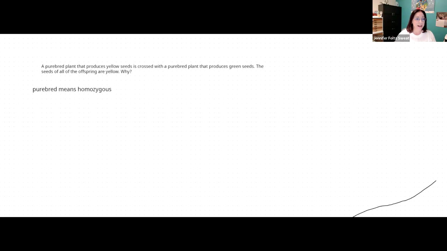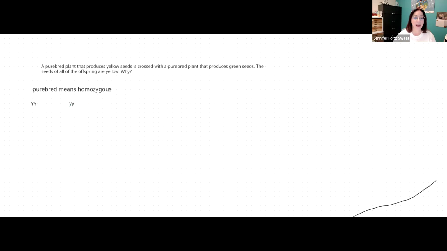So if you look at it like this, I'm going to use Y here, big Y, big Y, for the purebred plant that produces yellow seeds, and a purebred plant that produces green seeds would be little y, little y. It's kind of hard to tell them apart when you use the same letter in upper and lower case. But all of the resulting seeds are yellow.